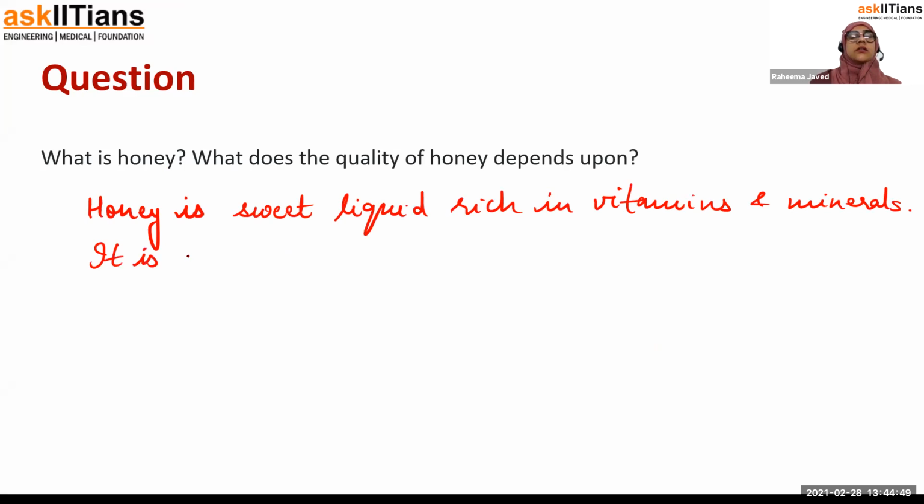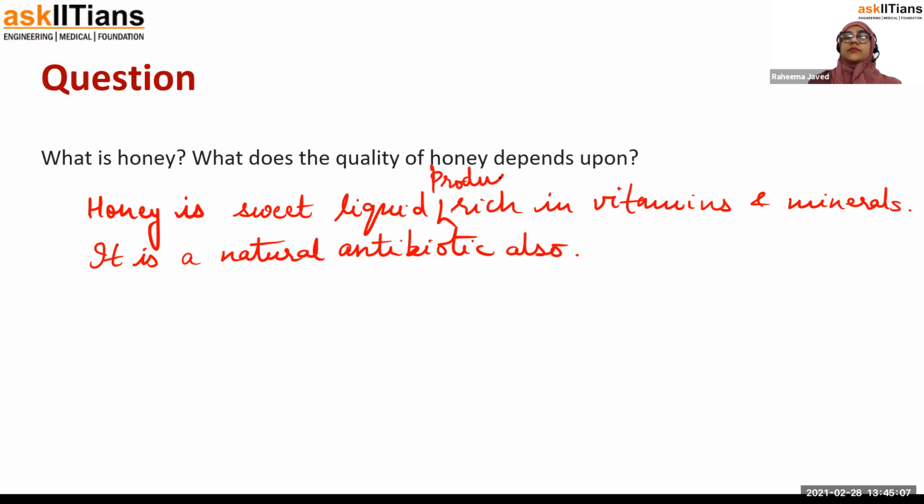It is a natural antibiotic also, and most of all, it is a sweet liquid produced by bees. Okay, produced by the bees.